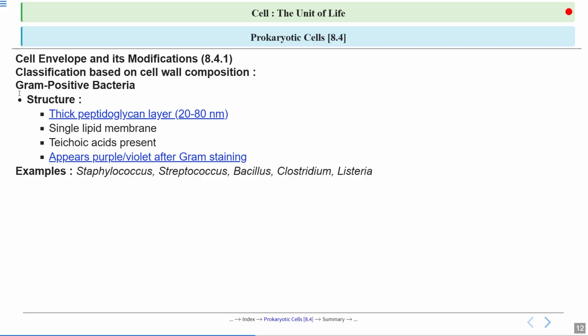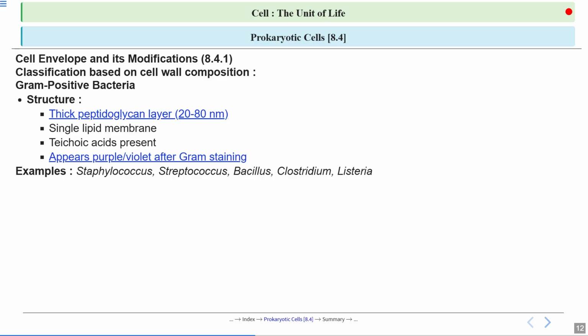And also the amount of lipid is less. So what happens? You stain with the crystal violet dye and then you decolorize it using alcohol or acetone. And then you restain it with safranin. So in gram-positive bacteria, as there is a thick peptidoglycan layer and the lipid content is less, there is no effect of the decolorizing agent, which is alcohol.